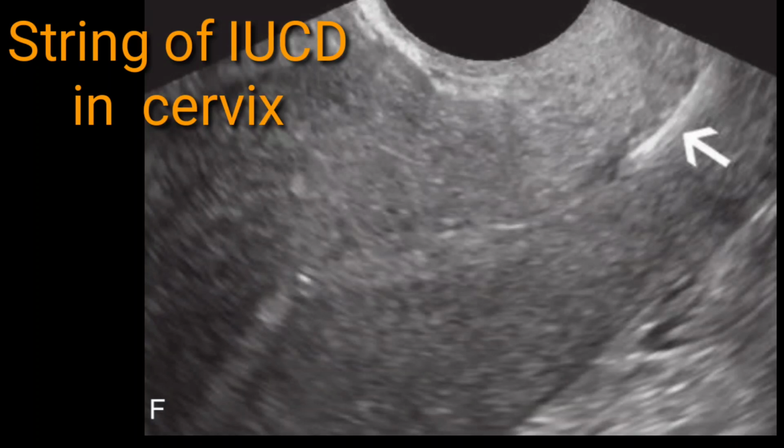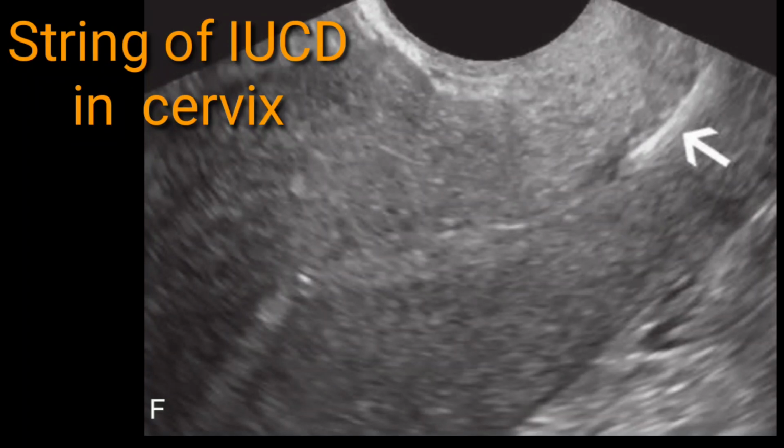In this case, what you need to do is explain that the uterus is anteverted, antiflexed, the endometrial cavity is normal, mention the thickening of the endometrium, and then mention that a highly echogenic reflective part of the IUCD can be seen in the cervical cavity. The cervical cavity can be easily appreciated on this transvaginal examination.